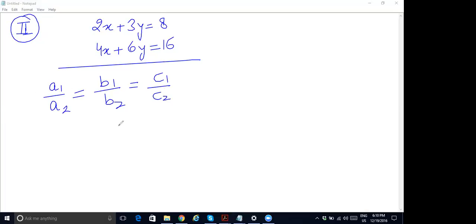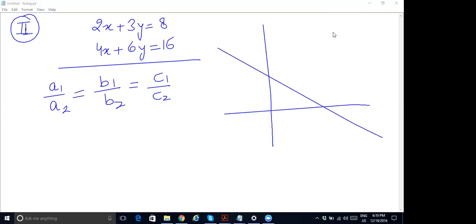Here A1 upon A2 is equal to B1 upon B2 is equal to C1 upon C2. This actually means this and this. Oh, okay, so it's one line. This represents a pair of parallel lines. Sorry, a pair of overlapping lines.